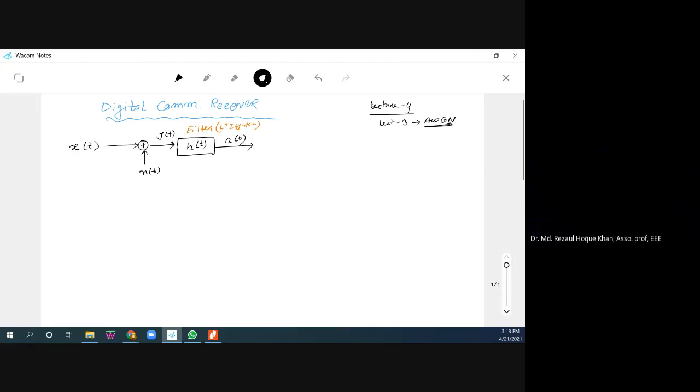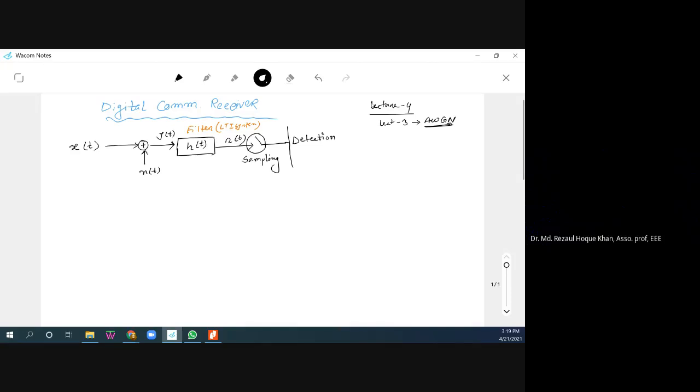Then it goes through a sampling process, and then all the other detection processes.